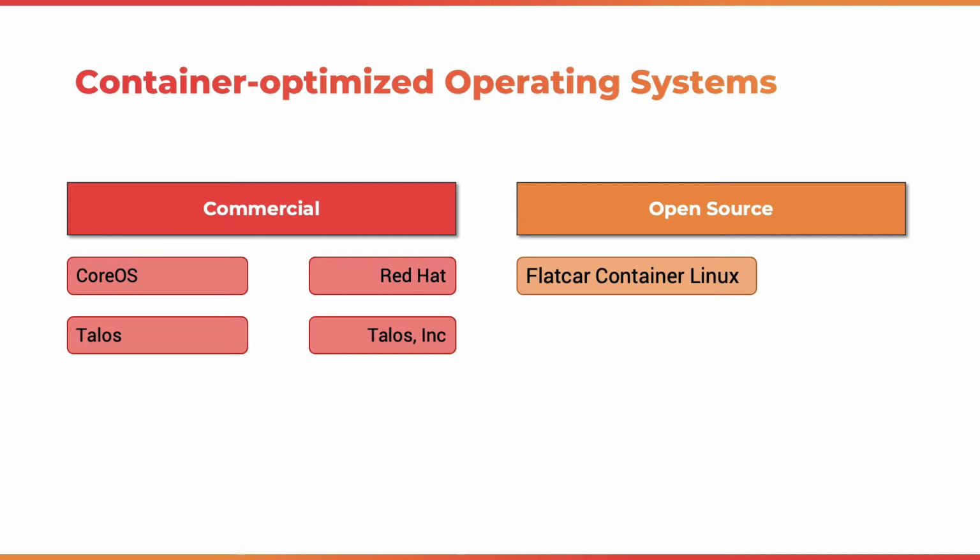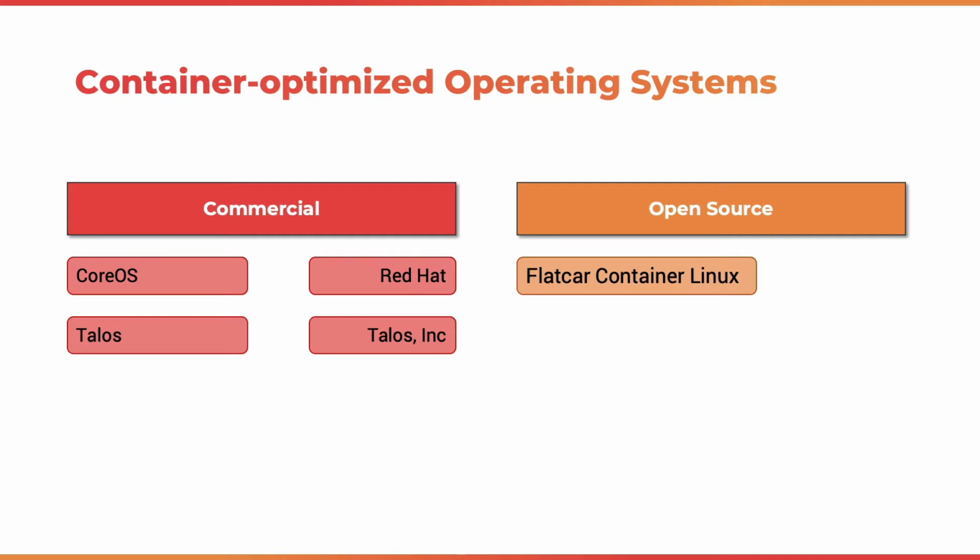And when it comes to open source, there is a fork of the original CoreOS called Flatcar Container Linux from Kinvolk. And now it's a part of Microsoft. Recently, Microsoft acquired them. It's an open source operating system. So these are the container optimized operating systems, which offer a very low footprint and a highly optimized OS layer to run your stack.